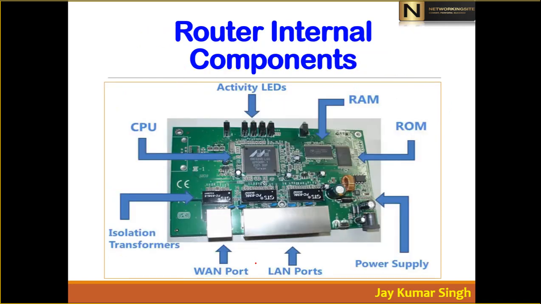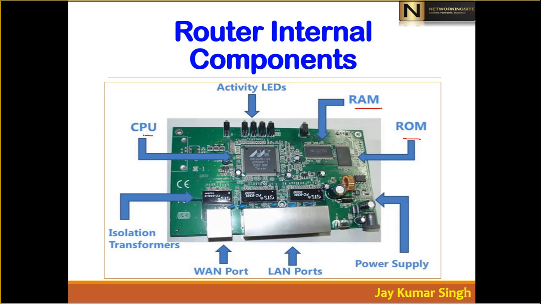Now router internal components, just for knowledge of how a router looks from inside. See, a router is also working like your system. Router has also RAM, CPU, power supply, everything is the same there. Router has also ROM. ROM means the storage where you store the operating system, IOS.